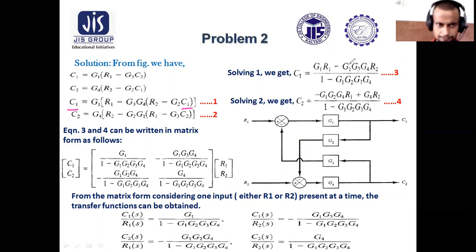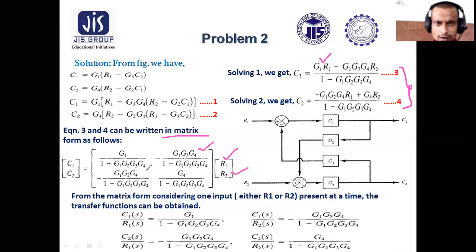Now in matrix form, we can write these two equations, 3 and 4. On the left side there will be C1 C2. On the right side, this is G1 by 1 minus G1 G2 G3 G4 for R1, and for R2 it will be G1 G3 G4 divided by 1 minus G1 G2 G3 G4.